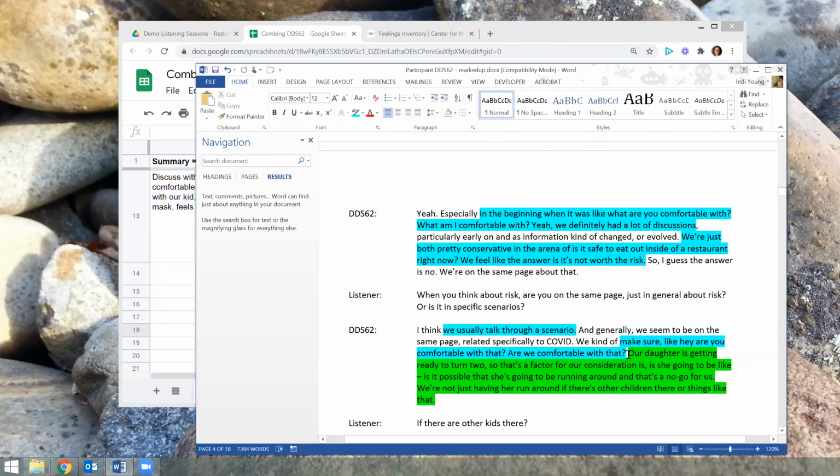Okay, so this other concept is, is she going to be running around if there's other children there? Okay, so that's another concept. Can you go grab that?